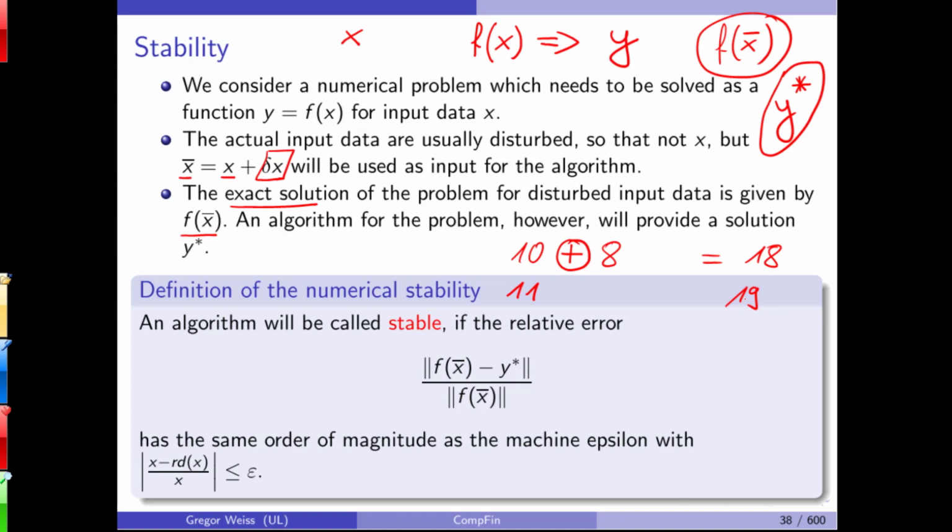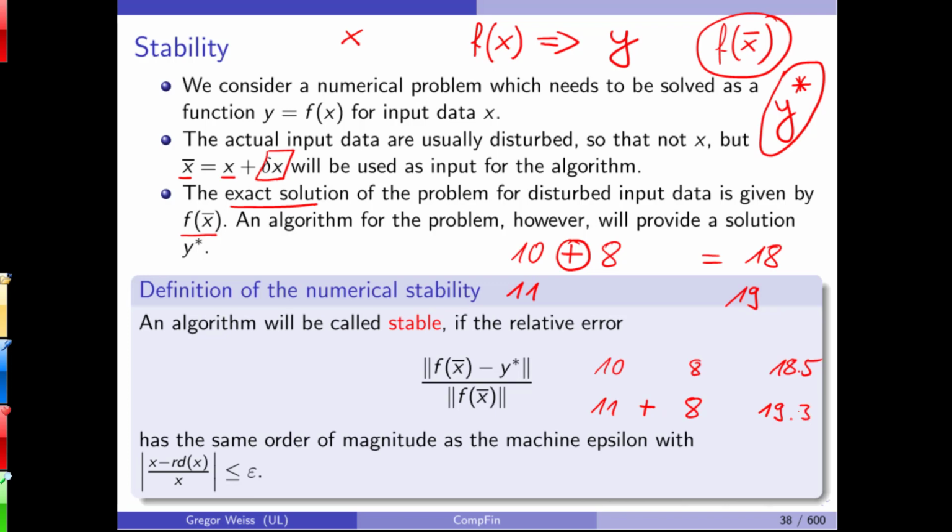And then it could be that if I have input data here, and a false algorithm, I'm counting 10, I'm counting 8, but I get out 18.5 for some reason. And if I have an input data error, 11 plus 8, I will get 19.3 for some reason.